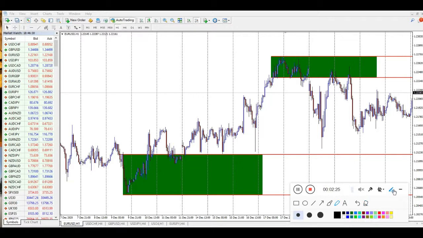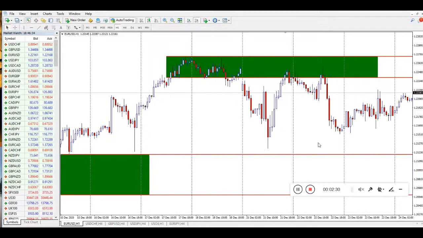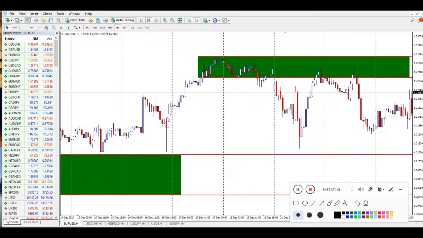Let us dissect now what happens when price is entering our zone. As you can see on this chart, this market was going up without a pullback. But once it enters here, it dropped a little bit, and then again dropped a little bit.